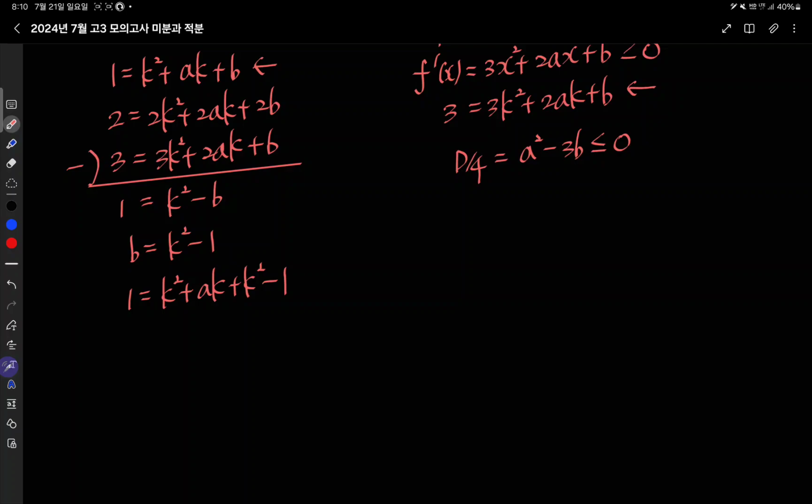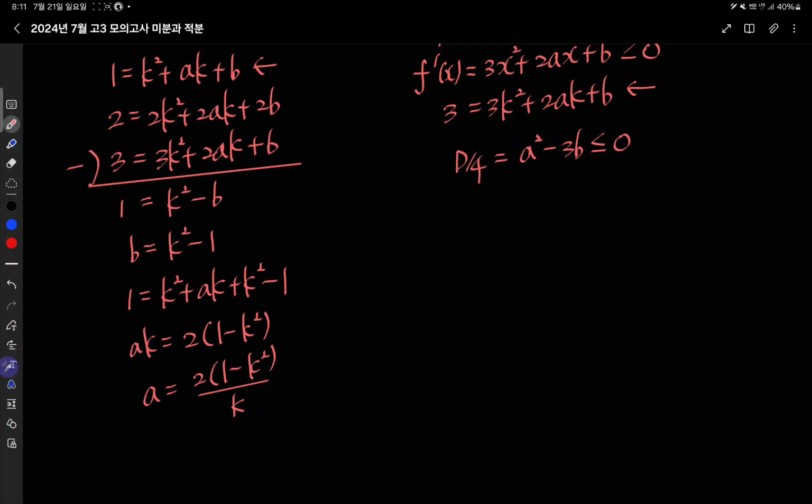That means ak is 2 times 1 minus k squared. So a is 2 times 1 minus k squared divided by k.